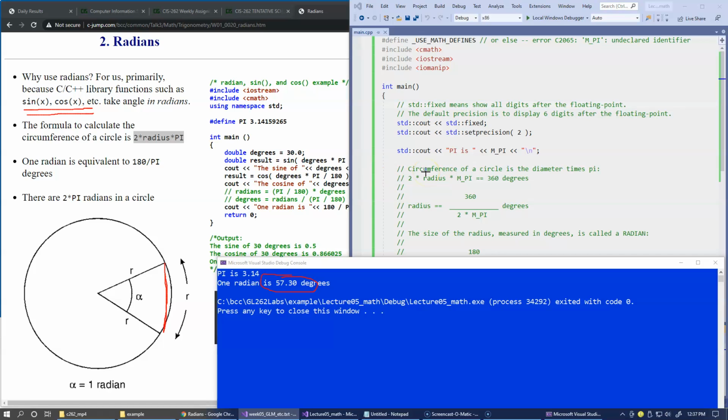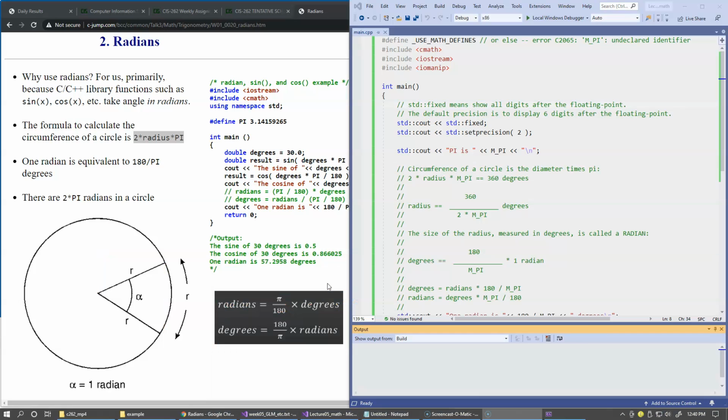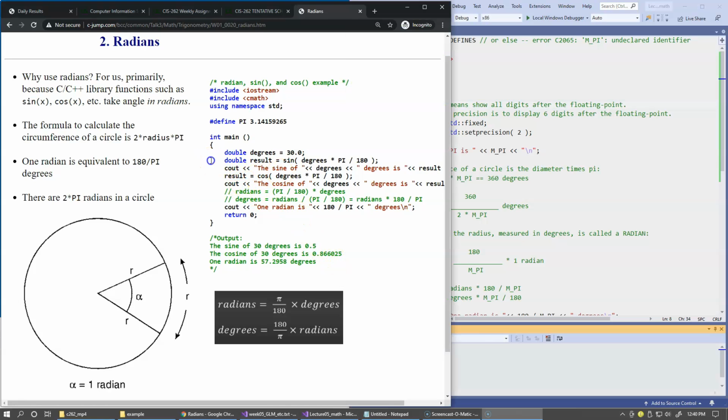But if you have to debug code related to formulas involving these conversions between degrees and radians, it's pretty important to have this kind of rough idea how big the radian is with respect to the degree, which is sort of like really small. So it's just a very small angle. 1 degree is like this, just a little wedge like this, whereas the radian is close to 60 degrees, or 57.3.